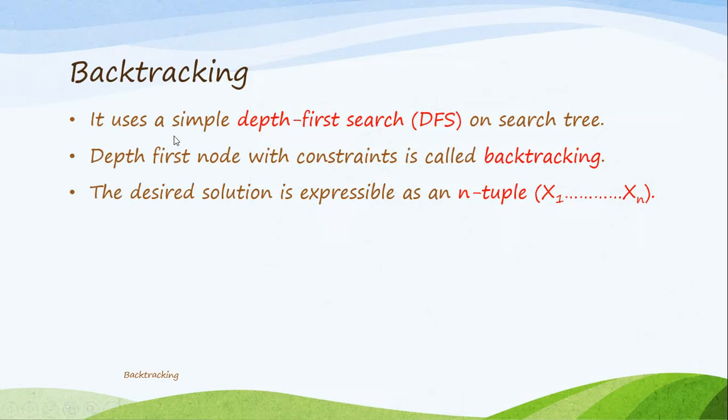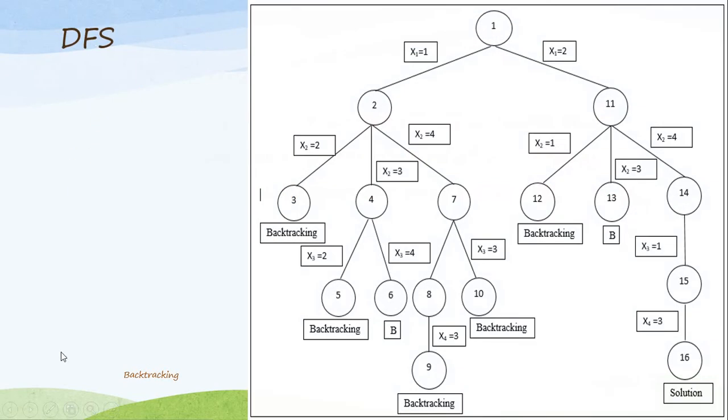It uses a simple depth first search on the search tree. Depth first node generation with constraints is called backtracking, and the desired solution is expressible as an n tuple x1 to xn. So in this tree, the tree traversal is like 1 to 2, 2 to 3. 3 is not satisfying the constraints, so we are calling it backtracking.